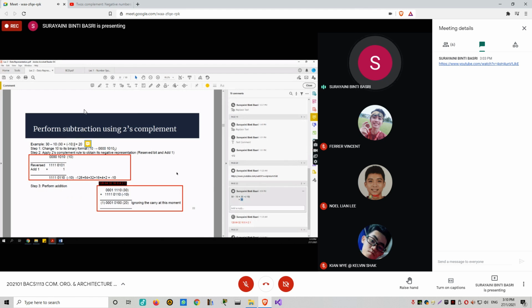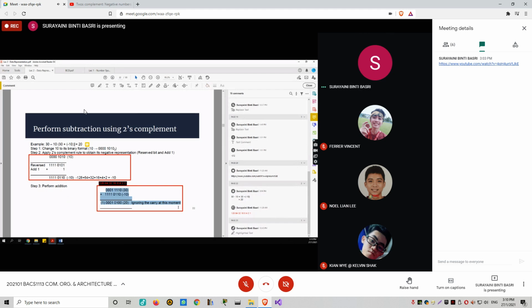But how will we do it using the 2 complement? Sorry, I keep saying second. It is actually 2 complement.